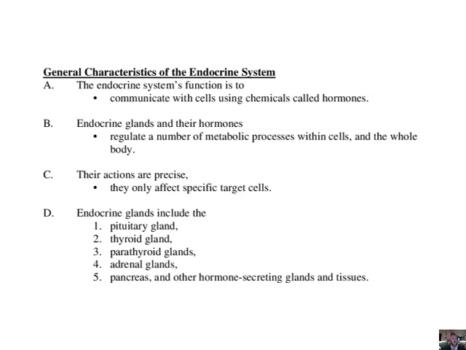Please also note that the endocrine system, in comparison with the nervous system, where the nervous system uses impulses along nerves that cause a reaction, is moved around in the bloodstream, which is completely different.